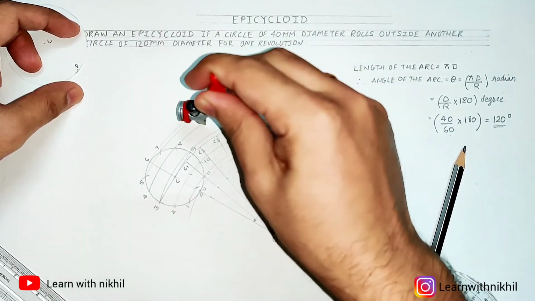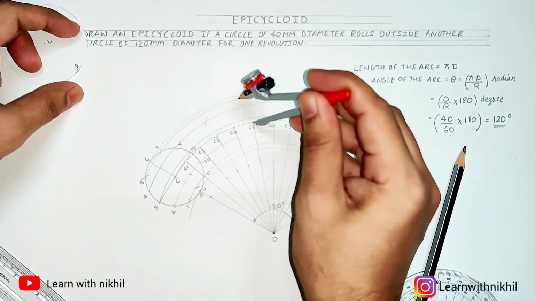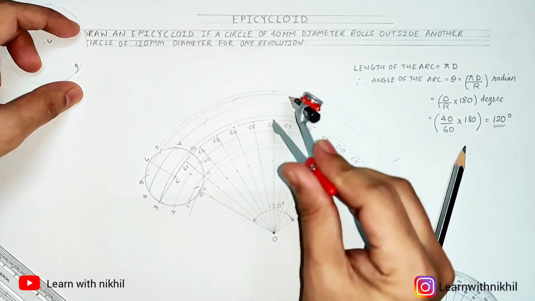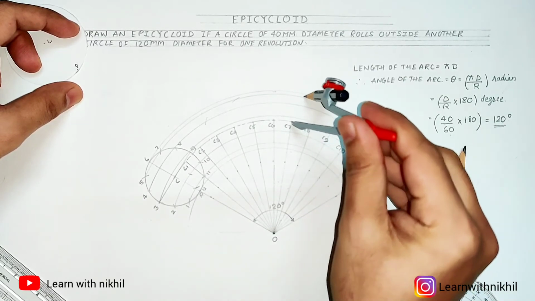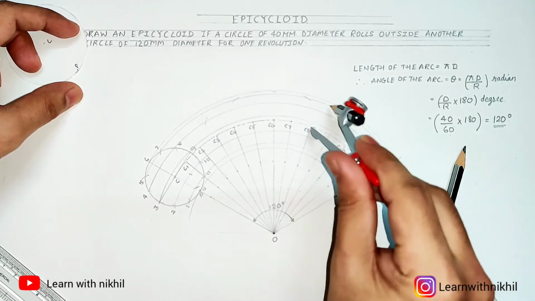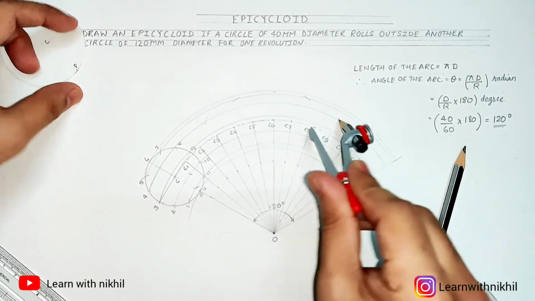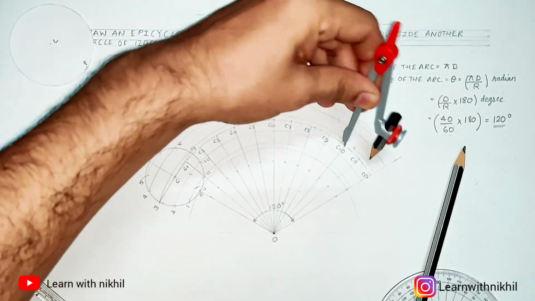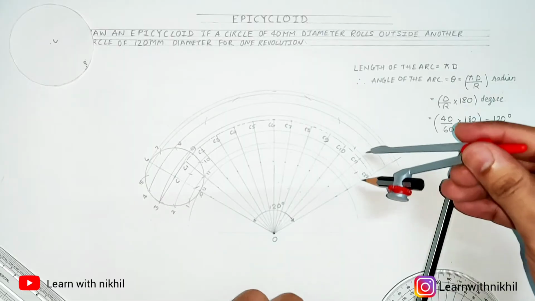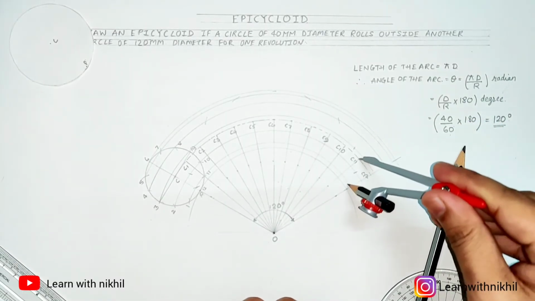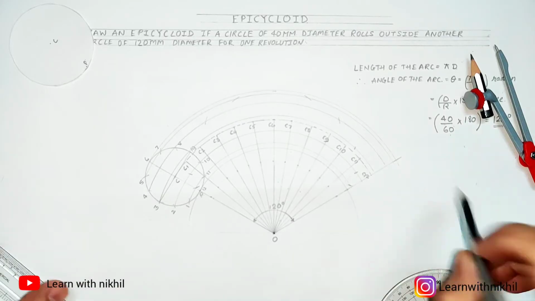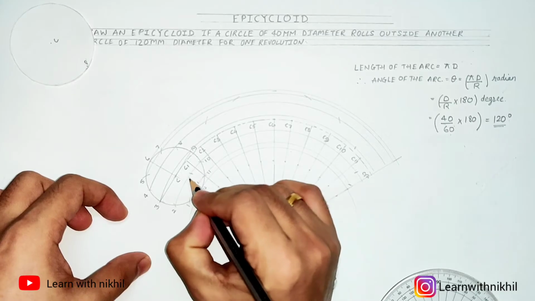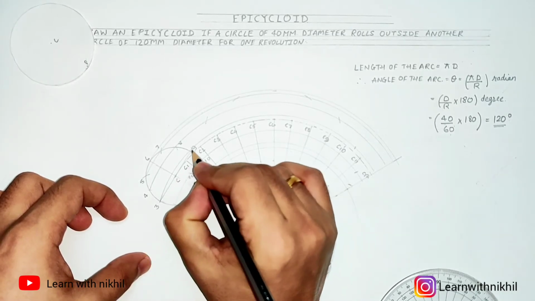When the center is at C4, mark it on the fourth curve. Like that, when the center is at C5, mark it on the fifth curve. C6 on the sixth curve, C7 on the seventh curve, C8 on the eighth curve, C9 on the ninth curve, C10 on the tenth curve, C11 on the eleventh curve, and finally C12, the point will be at its position at P dash. We will mark them as P1 to P12.